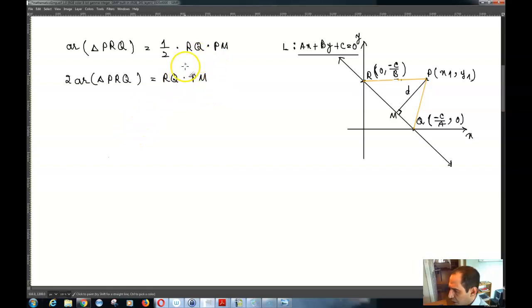And so PM, which is this distance over here, is equal to 2 times the area of triangle PRQ over RQ. So I can call this equation number 1, and that is PM.